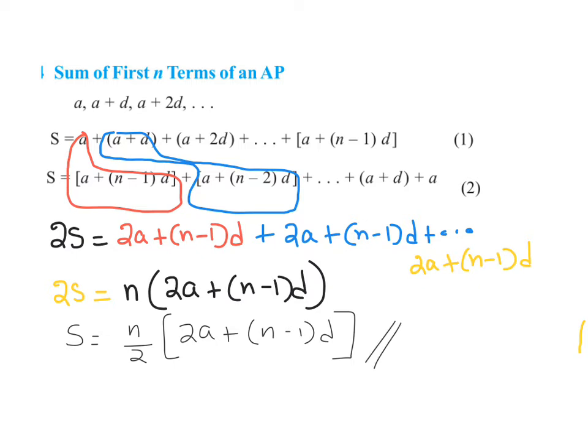So, this will be the formula to find the sum of the first n terms of an arithmetic progression. We can represent this as Sn. So, the sum of the first n terms of an arithmetic progression is n over 2 times 2a plus n minus 1 times d. So, we have got the formula.